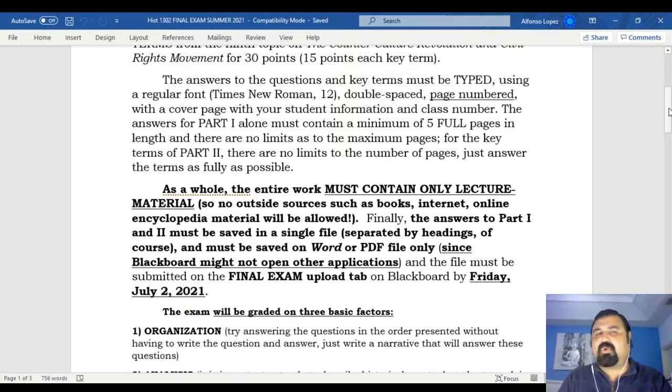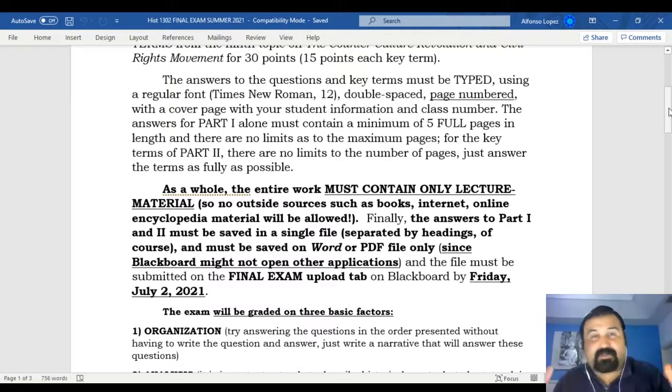For part two, you can write as many pages as you like. I've seen students in the past write anywhere between 1 to 1.5 pages for just one key term. Just imagine.